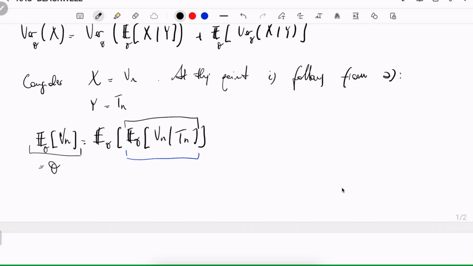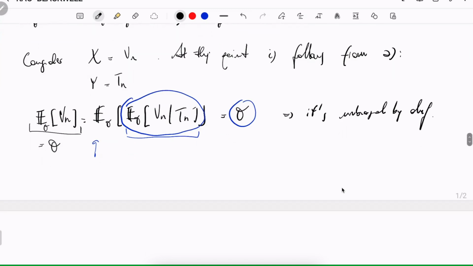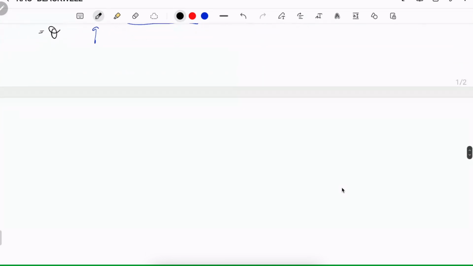We're trying to estimate theta once again. So the expectation of our new object is equal to the parameter. Hence, it's unbiased, once again, by definition.